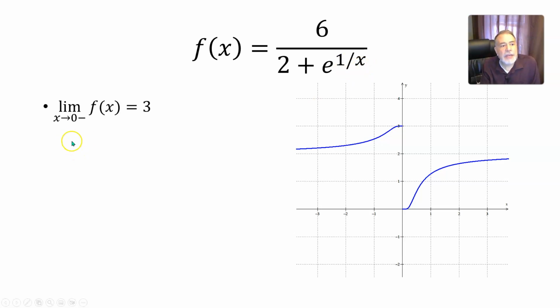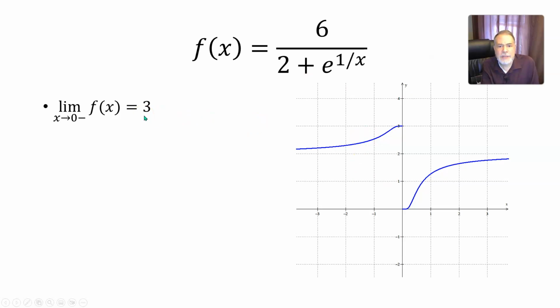But the limit as x approaches 0 from the left is 3. You should be able to see that on the graph. Look at the part of the graph where x is less than 0. As x gets closer and closer to 0, but from the left, the y-coordinates sure look like they're getting close to 3.